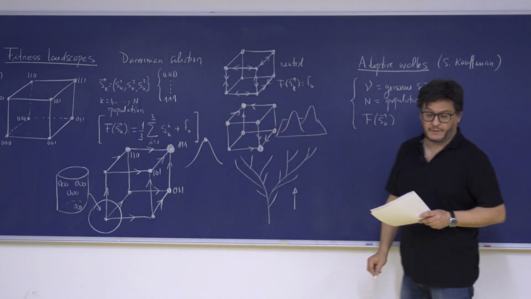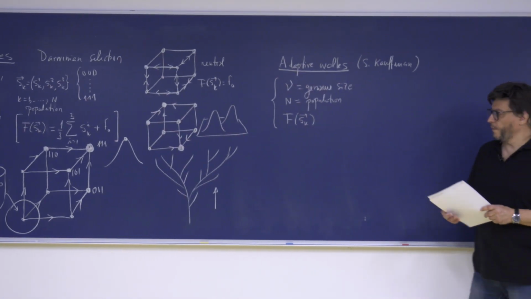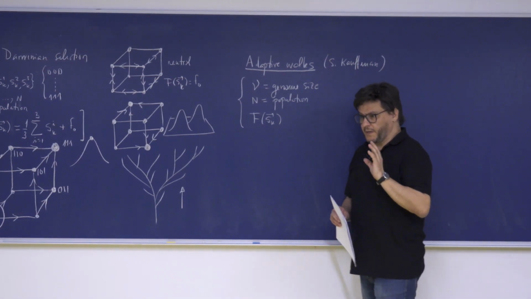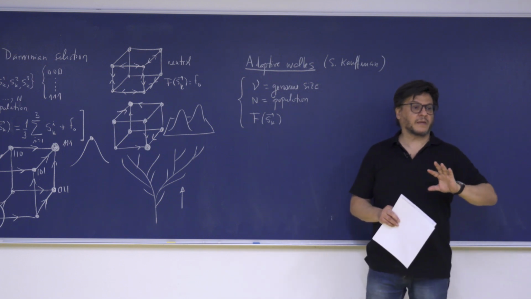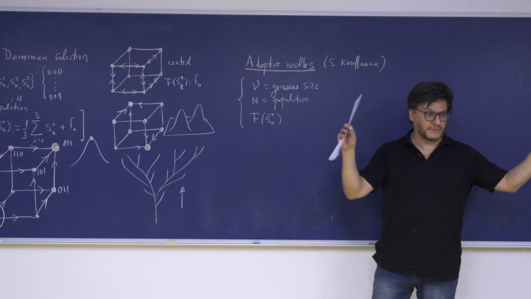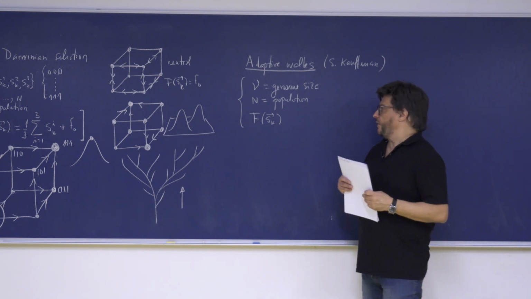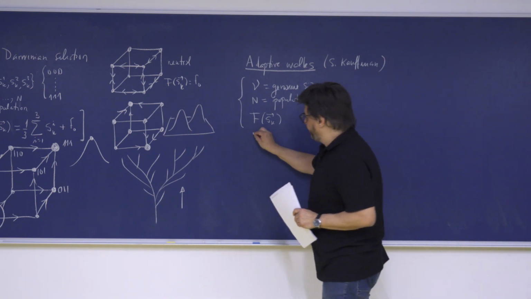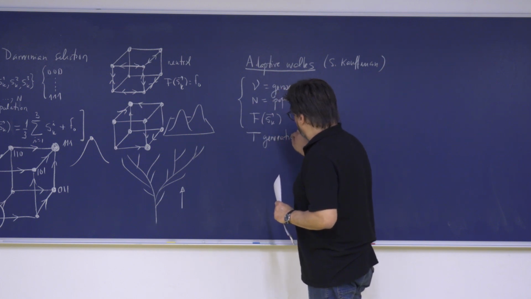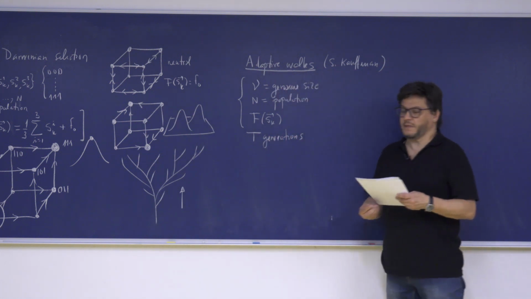Strings of bits, right? Very good. What I'm going to do is the following. I'll consider a number of generations. So I want to make the system explore the hypercube and try to find out higher fitness values over t generations.